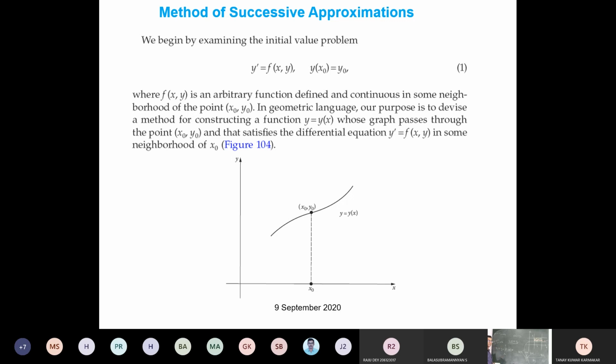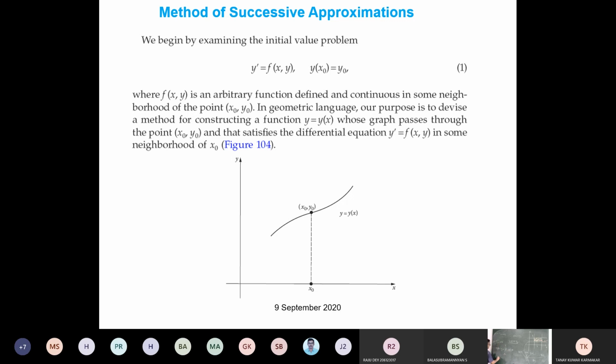Is it okay? Fine. So this is going to give you y1 of x, a function of x. So I get the second member in my sequence.